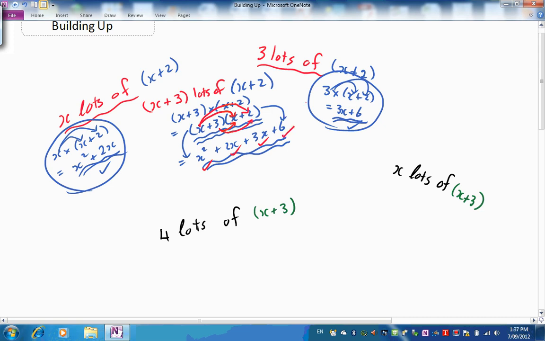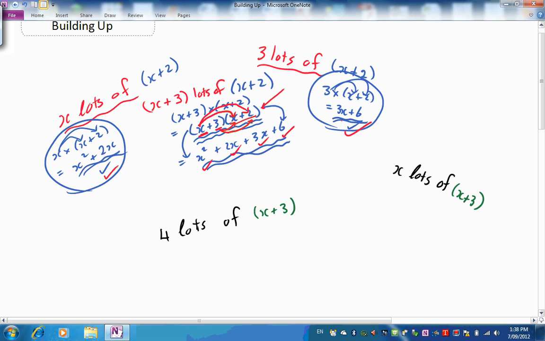In other words, if we do condense our expression up like this, we can still get these answers added up by remembering to multiply everything in the first bracket by everything in the second. Right? x by x plus 2 plus 3 by x plus 2.